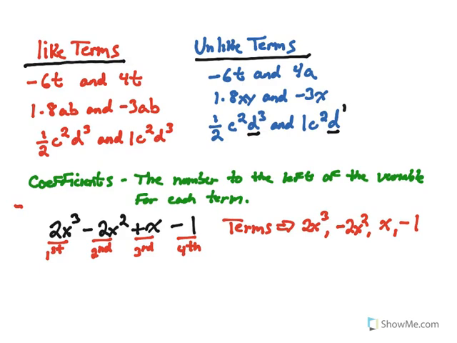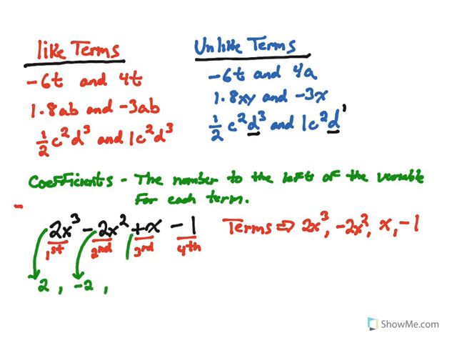The coefficients would be this number here. So it would be 2, and then this one, -2, so I'll put commas.